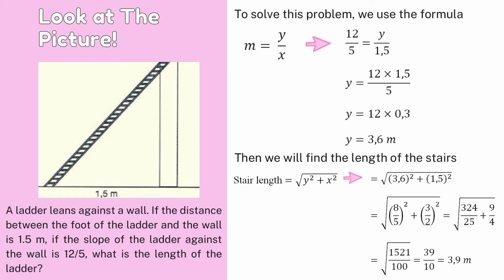Then add up the fractions. Equals square root of 1521 over 100. Then simplify the square root. Equals 39 over 10. We can convert the fraction 39 over 10 to 3.9. This means the length of the ladder is 3.9 meters.